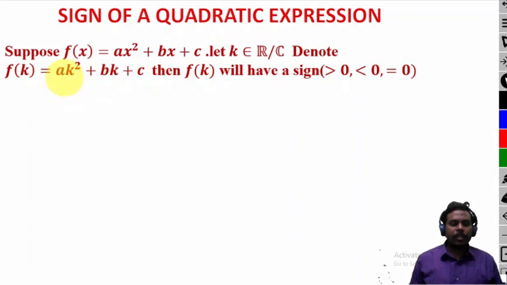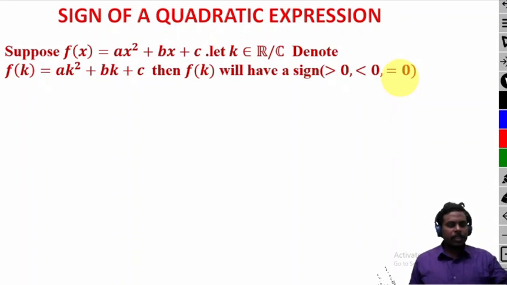What is this f of k? That means I am given a real value. I am substituting that k in this expression. Whatever the value that I am going to get, that value I am denoting it with f of k. Then this f of k will have a positive sign or a negative sign, or is equal to 0.